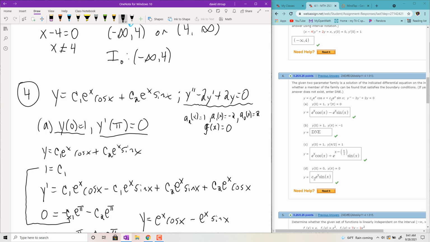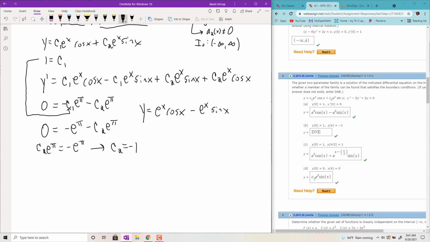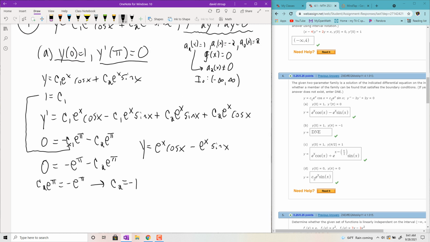All those functions are continuous, and on top of that, a sub 2 will never equal 0. So the interval of uniqueness in this case is negative infinity to infinity. So you could be rest assured that that's the only solution that goes through that point.